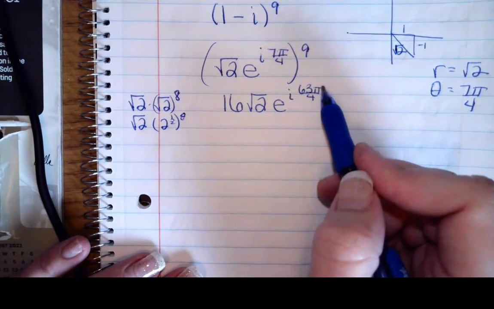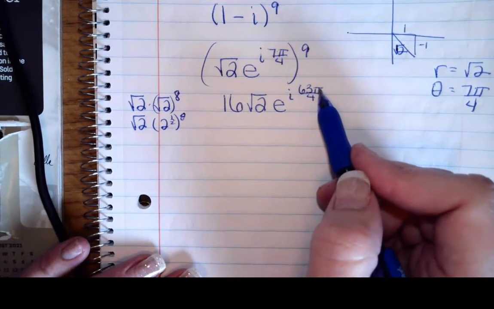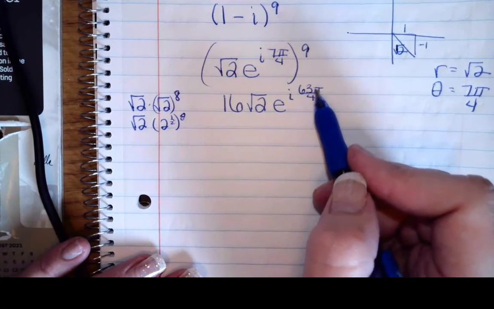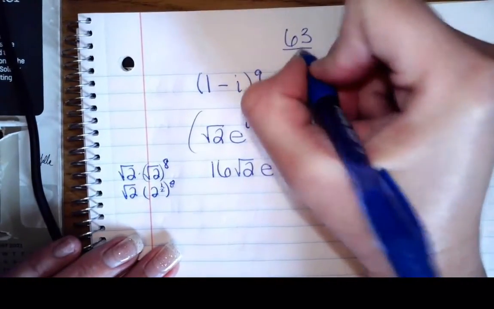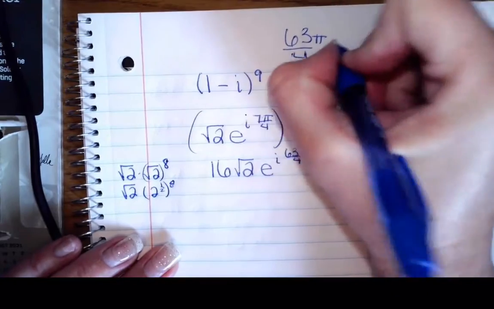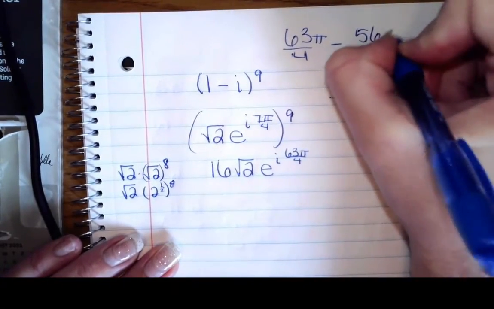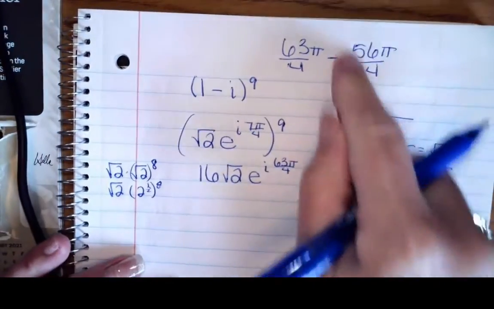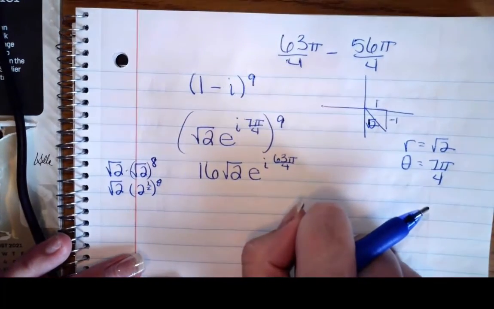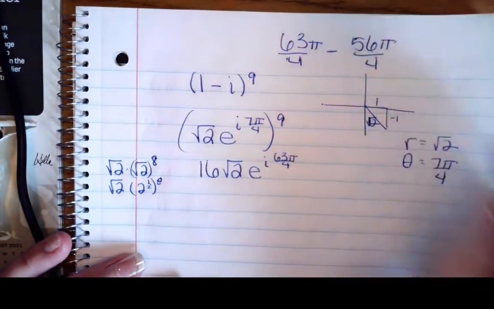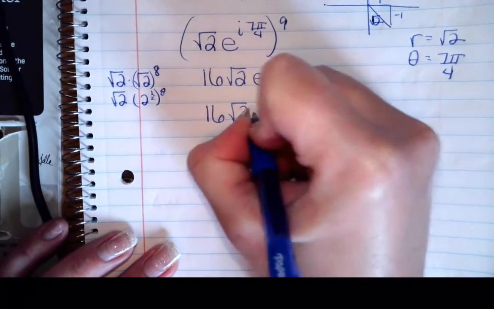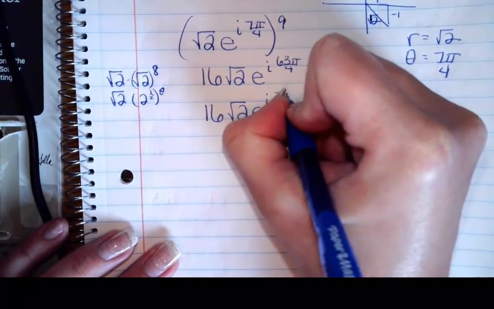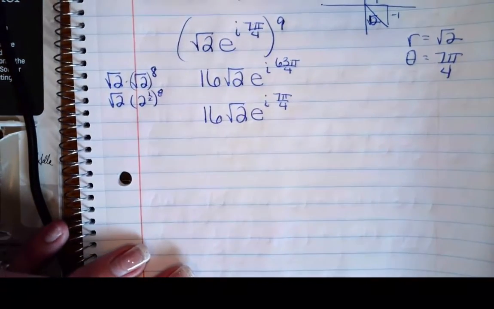A close multiple of 8 pi over 4 is going to be 56 pi over 4. So 63 pi over 4 minus 56 pi over 4, which is 7 laps at 8 pi over 4, will give me 7 pi over 4. So I now have 16 root 2 e to the i 7 pi over 4.